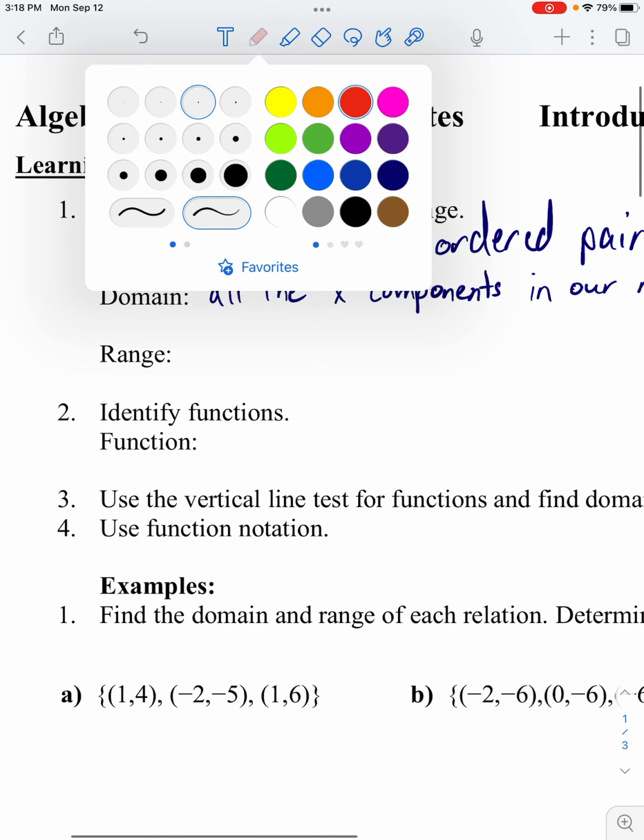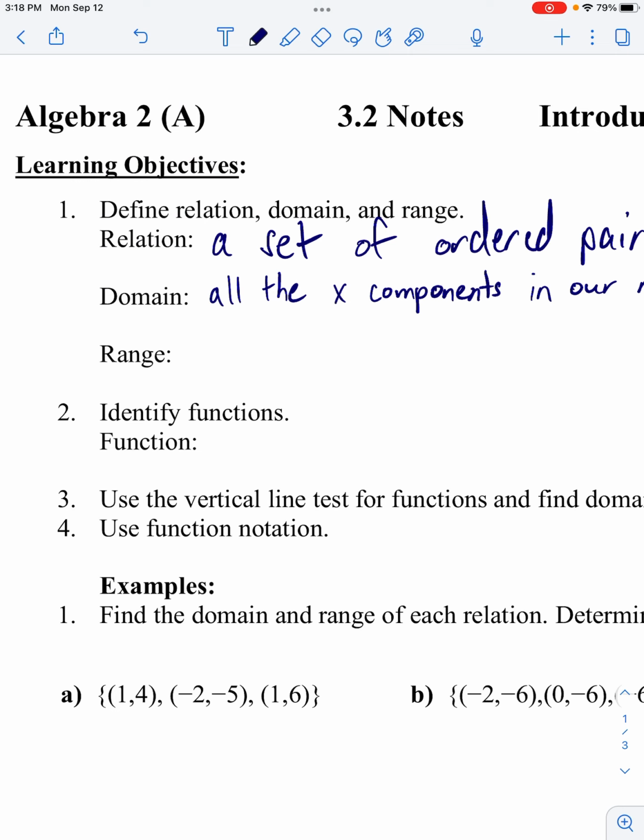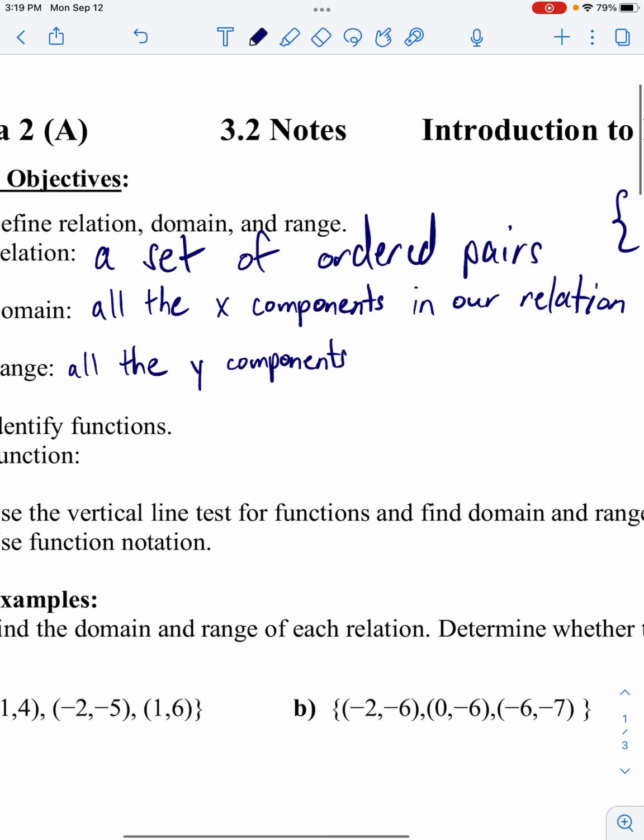The range is all the y components in our relation.